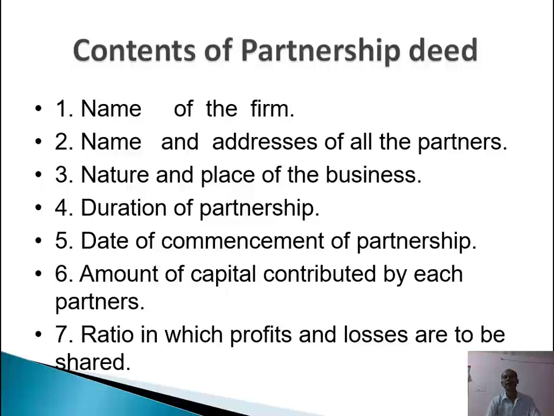Contents of the partnership deed. Okay, these are the contents of the partnership deed. So the first one is name of the firm.